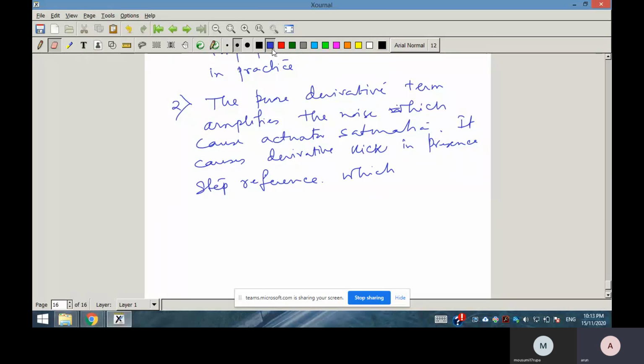The control input increases suddenly. So these are the two major problems.